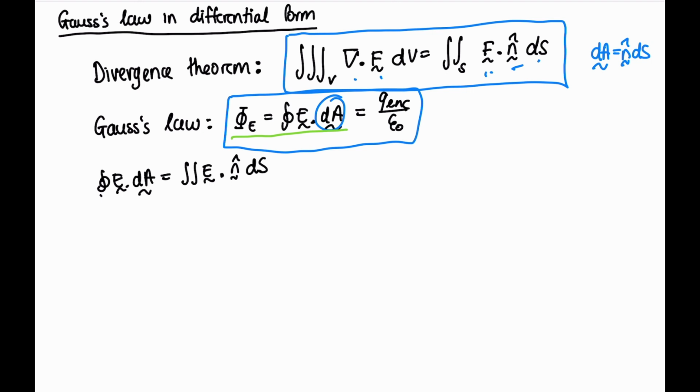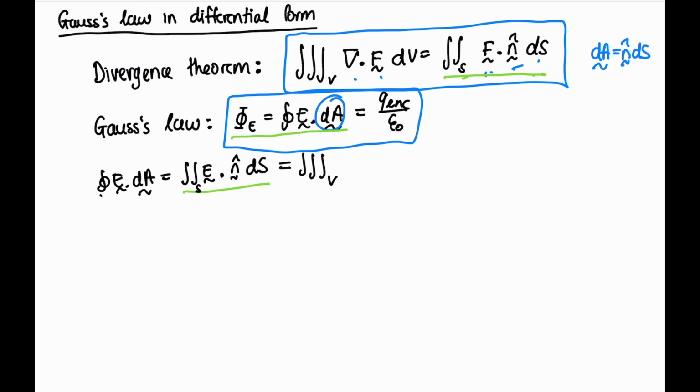And now what we're going to do is make use of the divergence theorem up here, because this is now in this form. It's just that we've replaced our field with a specific electric field. And I can put a little S here to show that that's a surface integral as well. And so now what I'm going to equate this to is the left-hand side of the divergence theorem.